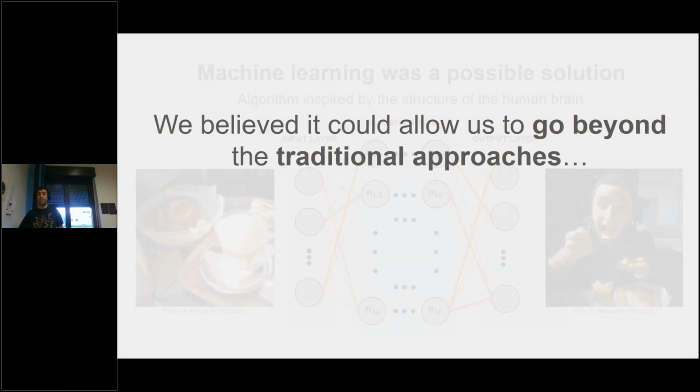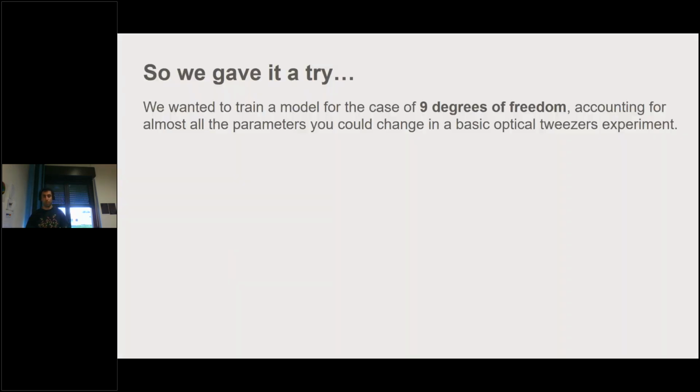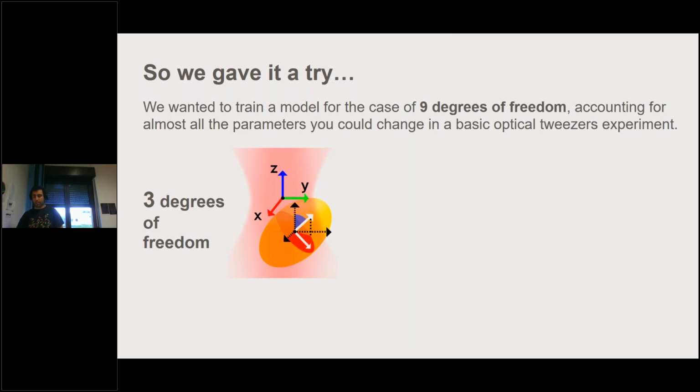So we thought that machine learning could be interesting. It could allow us to go beyond traditional approaches, and we decided to give it a try to our particular problem. So in our case, we want to train the network for 9 degrees of freedom, accounting for almost all the parameters you can have in a basic optical tweezers experiment. Your particle can be in a different position in the 3D space, so you have 3 degrees of freedom.